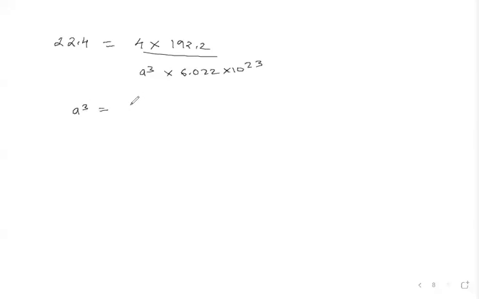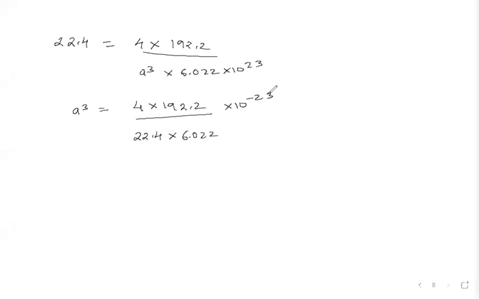A cube is 4 into 192.2 upon 22.4 into 6.022. ऊपर लेके जाता हूँ 10 raised to -23. अब इसको हम लोग सॉल्व करेंगे, ठीक है?